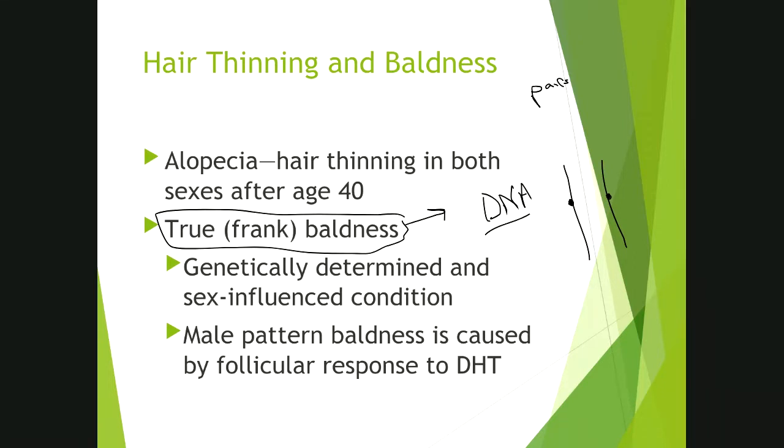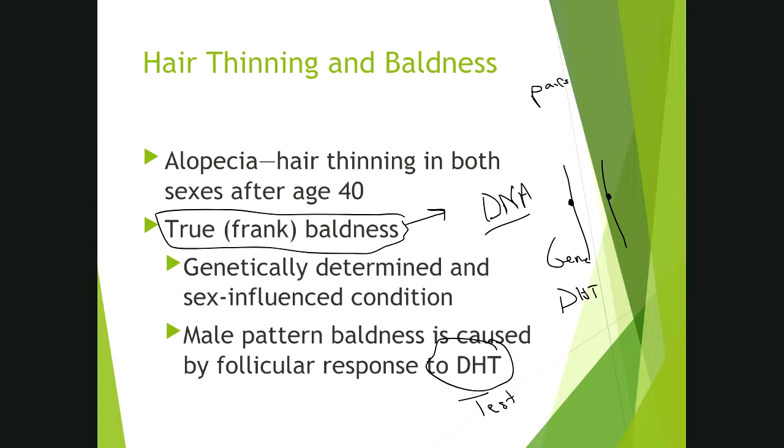Even if you have the gene, though, you don't necessarily go bald, because you also have to have something else. You have to have the gene, but you also have to have a hormone. The hormone is called DHT. DHT stands for dihydrotestosterone.